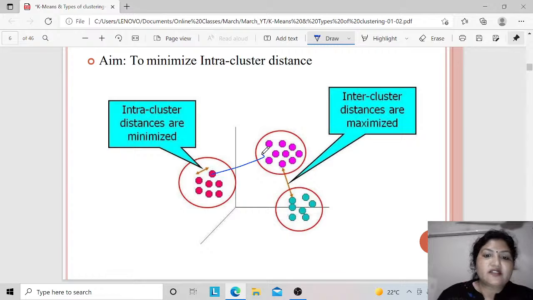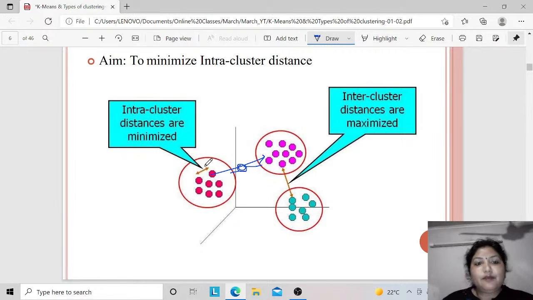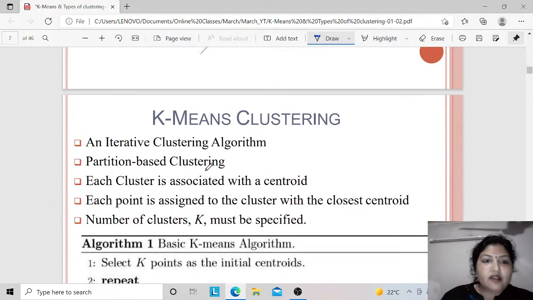We cannot say that it is falling under that group, because the distance would then be more. Sometimes it happens that you have a data point here, and you can calculate the distance from here to here, and whichever is the minimum, you fall that particular data point into that particular cluster, right?